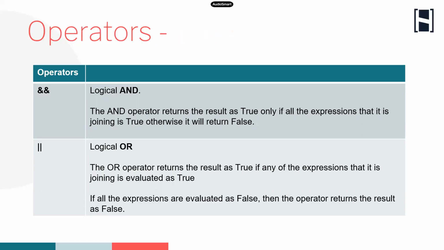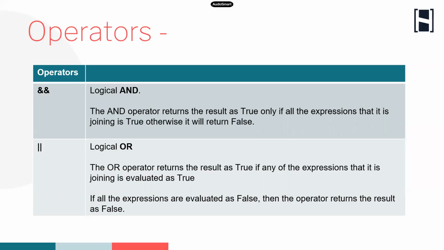So how is this going to work? As I told you, it is used to combine different sentences together. No matter how many conditions I am combining, if all the conditions are true, then the final result will be true. That is how my logical AND operator works.